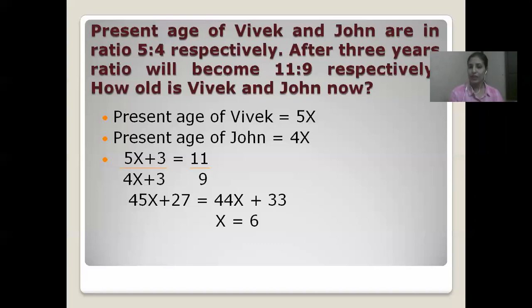So you have got the value for x. And here the question asked is, what are the ages of John and Vivek? Vivek's age is 5x and John's age is 4x. So 5 multiplied by 6 is 30. That is Vivek's present age is 30, and John's present age is 4 multiplied by 6, which is 24. Vivek is 30, whereas John is 24. So the problem is solved.